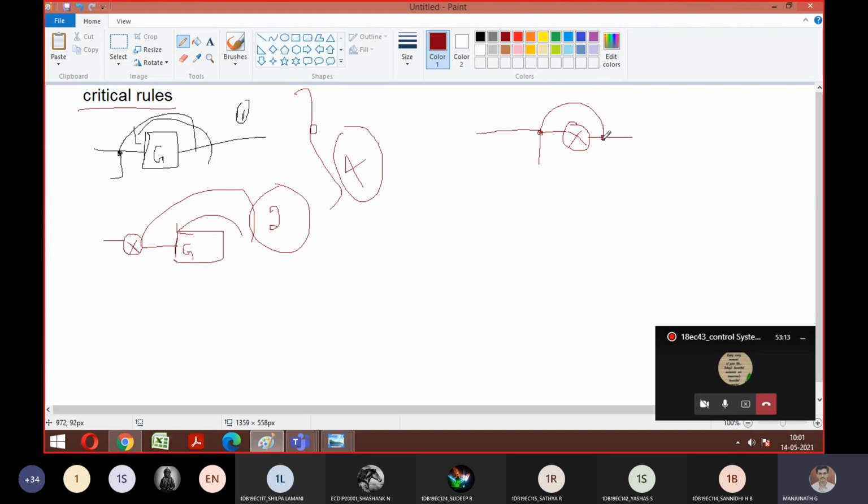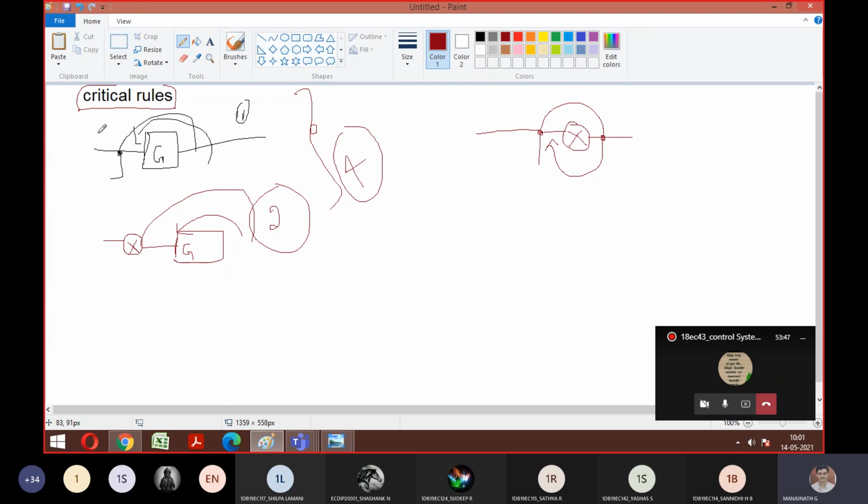Similarly, with the breakaway point before your summing point, what is the rule you're supposed to follow? These 2 rules are called critical rules. I hope you got the difference between the first 4 and the last 2. Yes, sir. So you take the heading of rule number 10 as shifting a takeoff point after the summing point. We'll analyze things now.